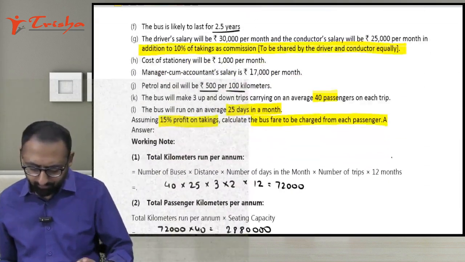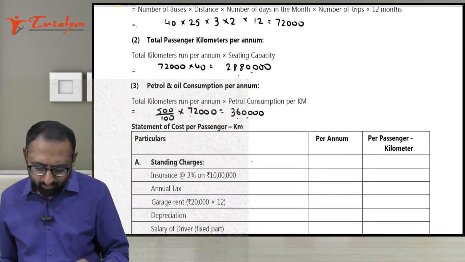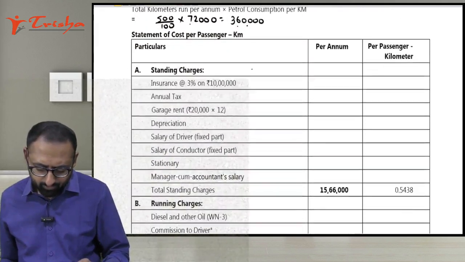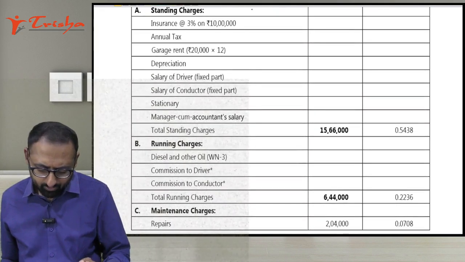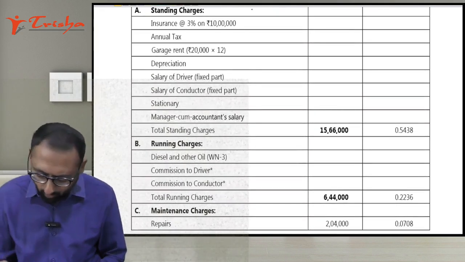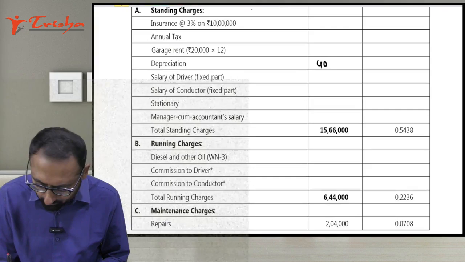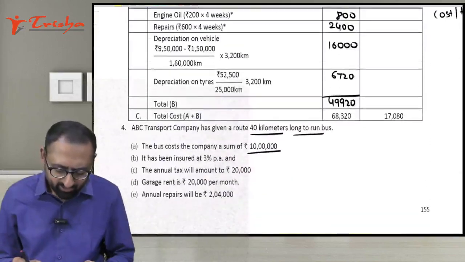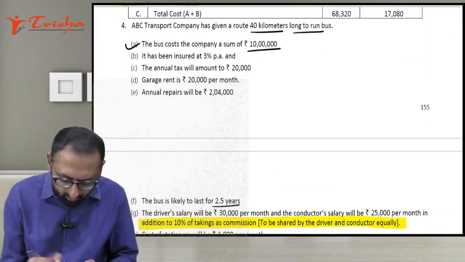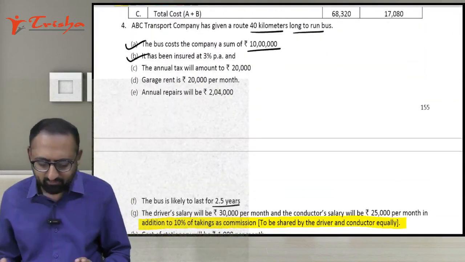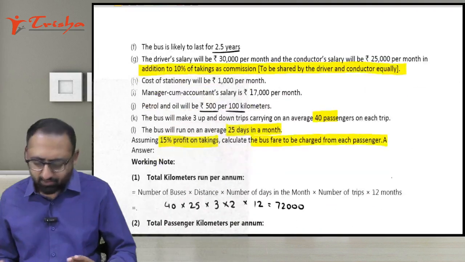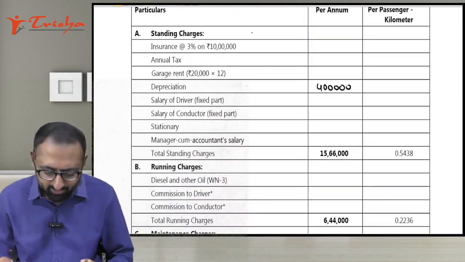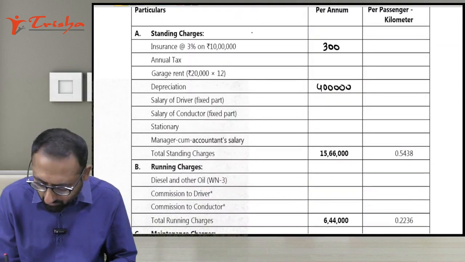So depreciation will be 4 lakh rupees. Next item of cost, insurance. Insurance will be 3%. So 10 lakh multiplied by 3%, 30,000 will be your insurance cost.